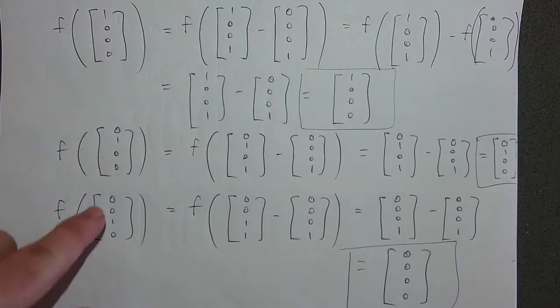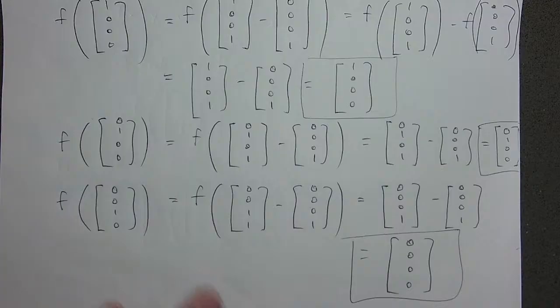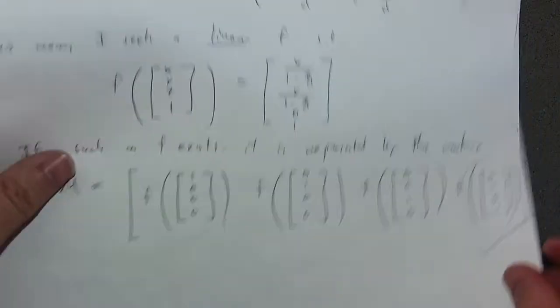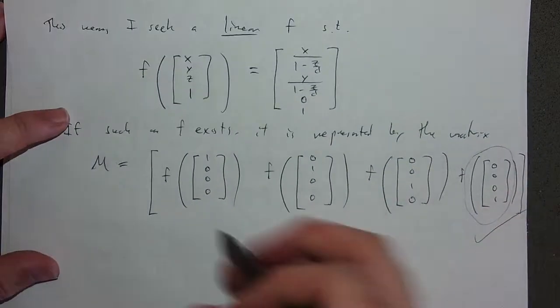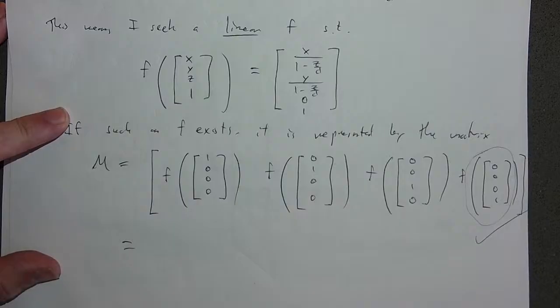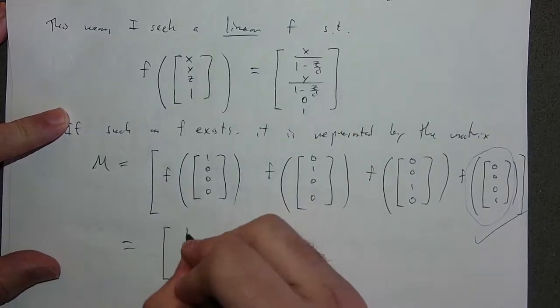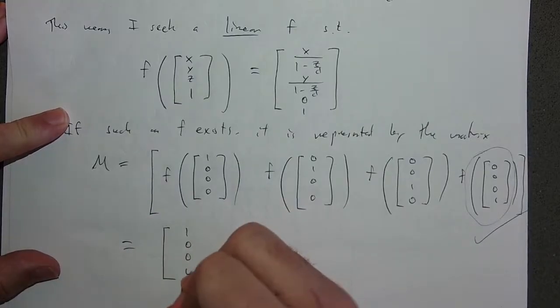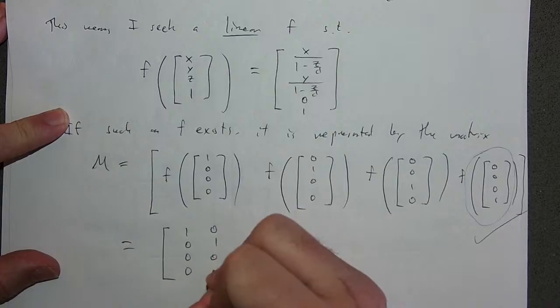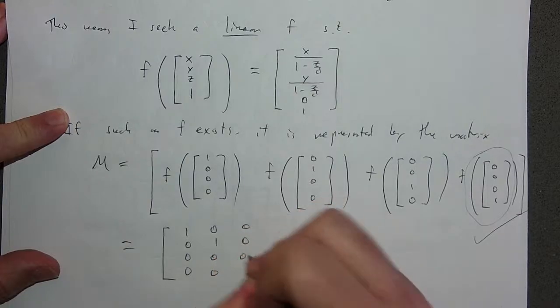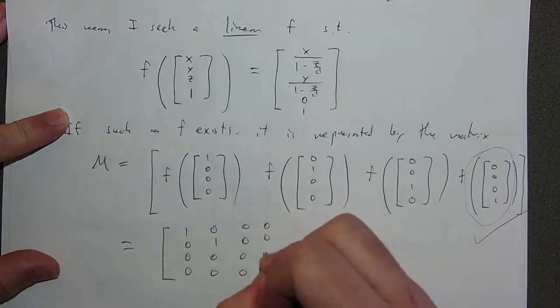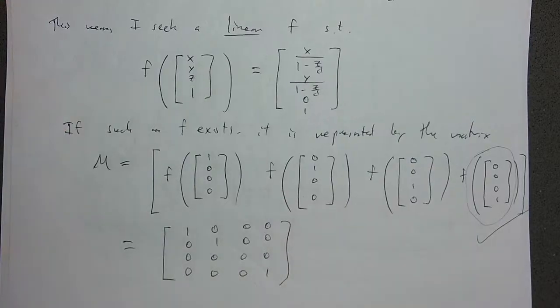It sends 0, 0, 1, 0 to the 0 vector, and then it fixes the last standard basis vector 0, 0, 0, 1. And so if this m exists, it would have to equal, reading column-wise, 1, 0, 0, 0, 0, 1, 0, 0, 0, 0, 0, 0, and 0, 0, 0, 1. That's what it would have to look like.